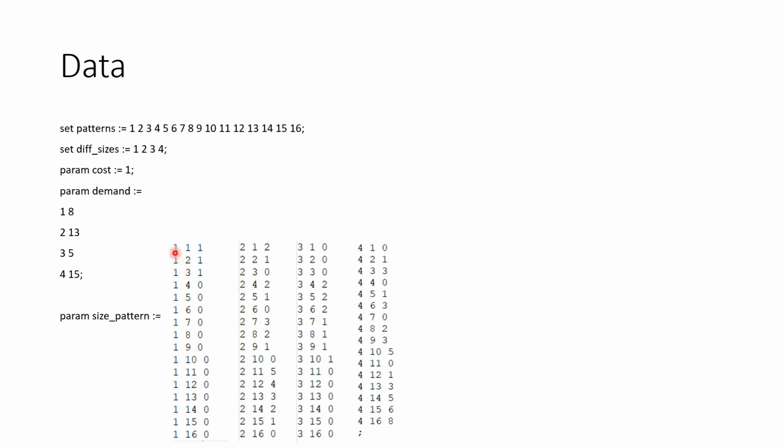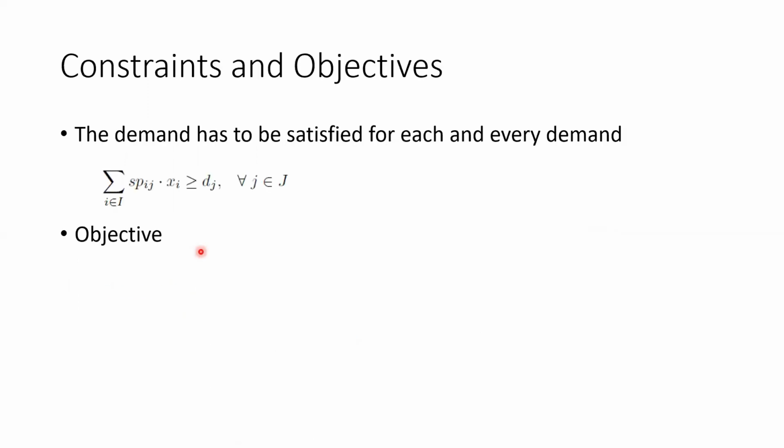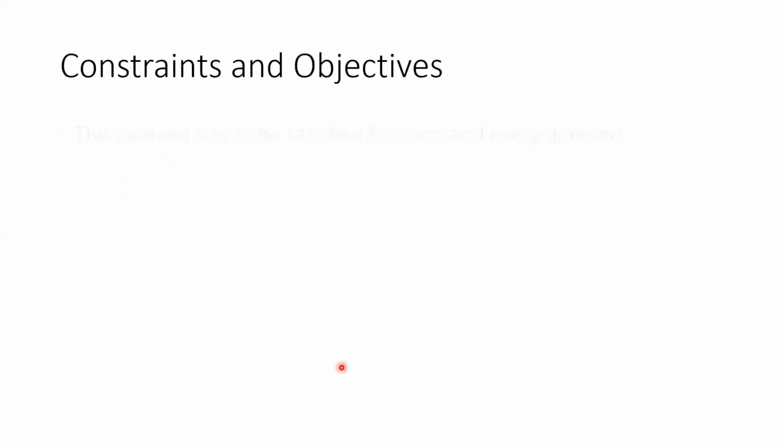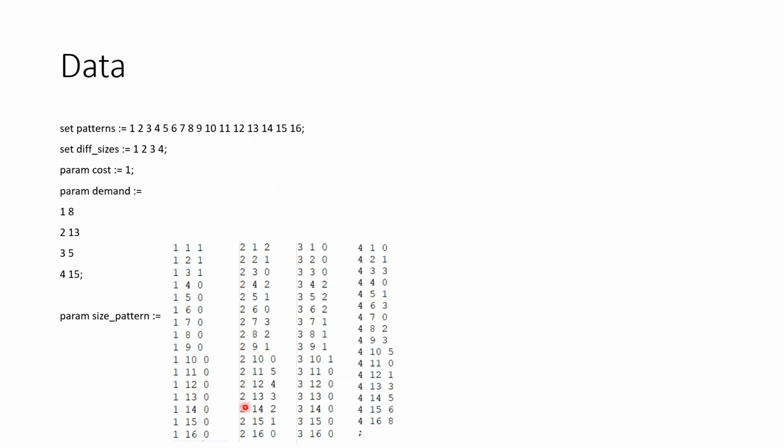For example, for size 1 of pattern 1, we would be able to cut out only one from a metal sheet. For 18 cross 30, we would be able to cut out 3 pieces in pattern 9. So (4, 9) would be 3 pieces. That is how the data is defined here.